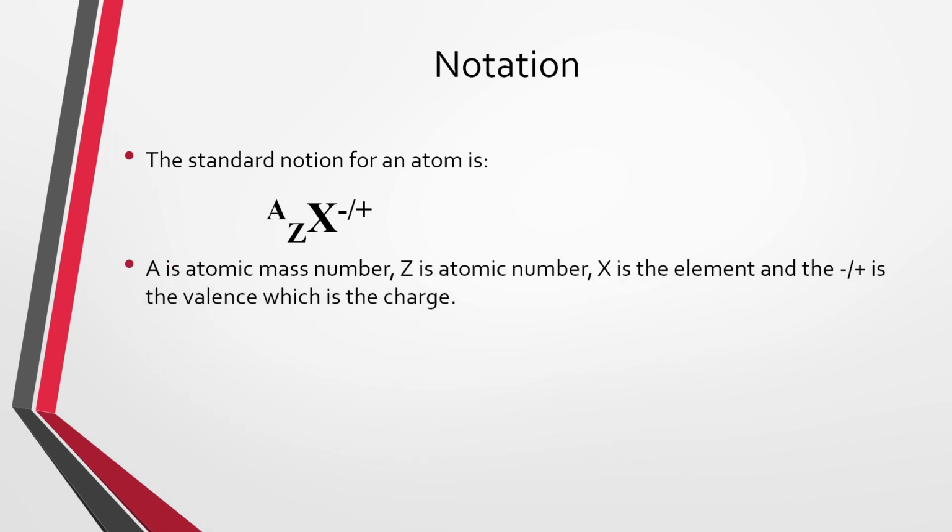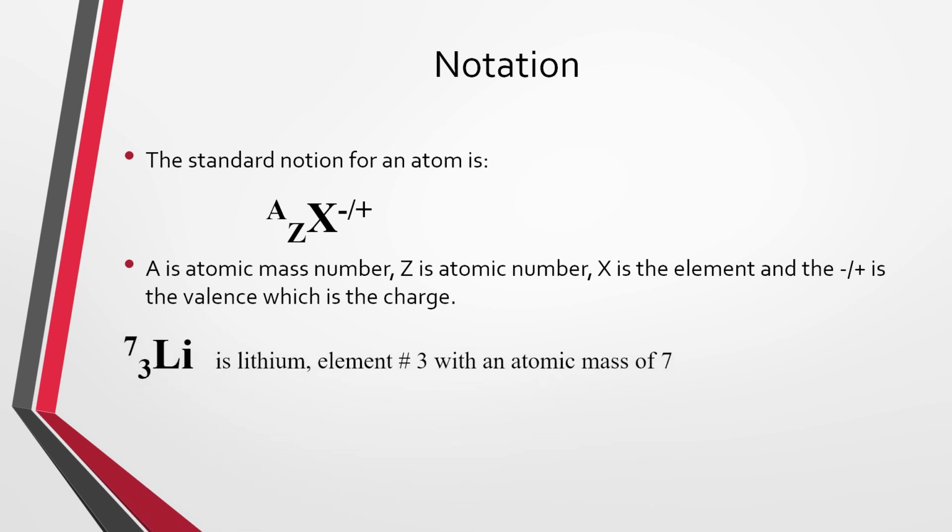A is the atomic mass number, so the atomic mass number goes in that slot there. The Z is the atomic number, which again is determined by the number of protons. X is the element symbol, which is done by letters, and the plus or minus is the valence, which is the charge of the atom.